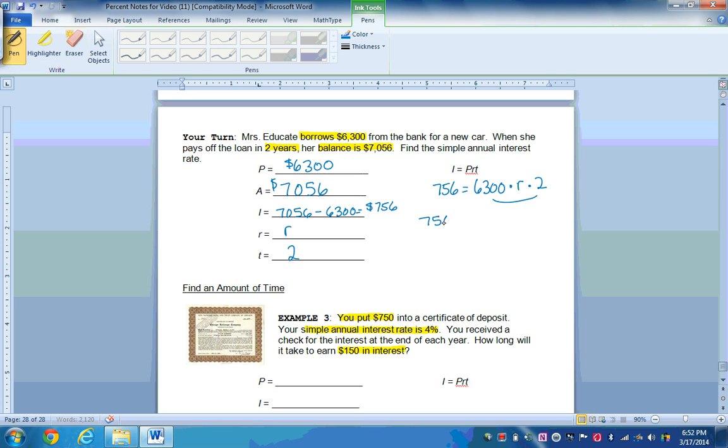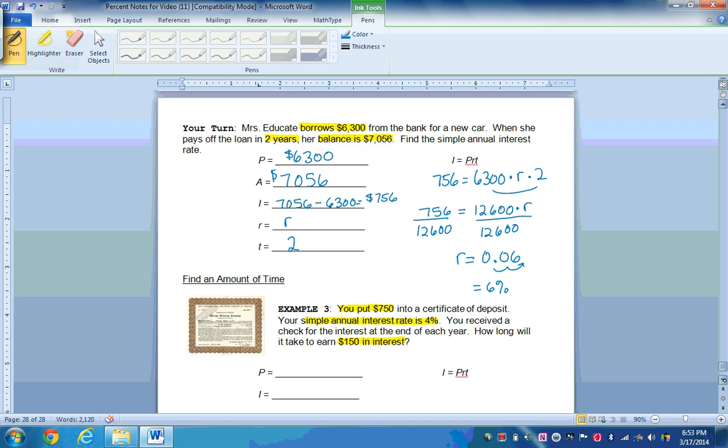Sorry about that. $756 is equal to $6,300 times 2 is $12,600 times the rate. Divide both sides by $12,600. And your rate is equal to, that comes out in decimal form as 0.06. Multiply that by 100 and it ends up being a 6% interest rate.